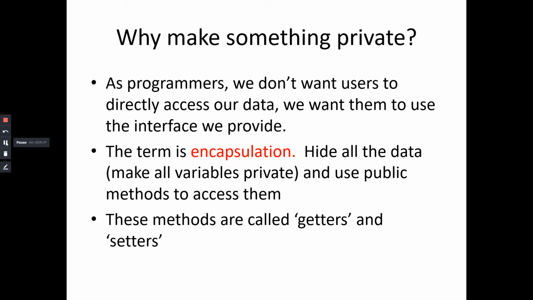Now you still want to have access to those variables in many cases. Sometimes you don't. Sometimes your variable is only going to be used inside your class, but sometimes you still want other people to have access to the variables, like the X and Y coordinate of a robot, for example. So you create methods that will indirectly give you access to it. Those methods are called getters and setters. A getter would just access the variable and return it to the person who's calling it, and a setter would take a parameter and set the value of that particular variable.